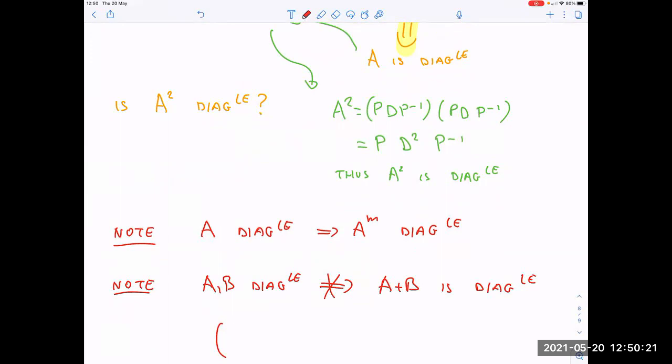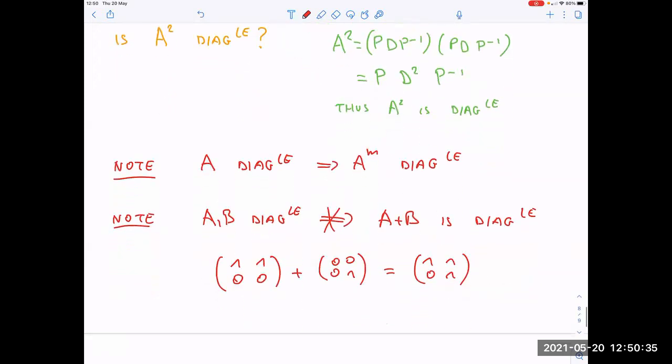Let me think for a second. So you can do this, and then you can do this, and the sum is this one, right? So this one is not diagonalizable, but this one and this one are diagonalizable because they have distinct eigenvalues.